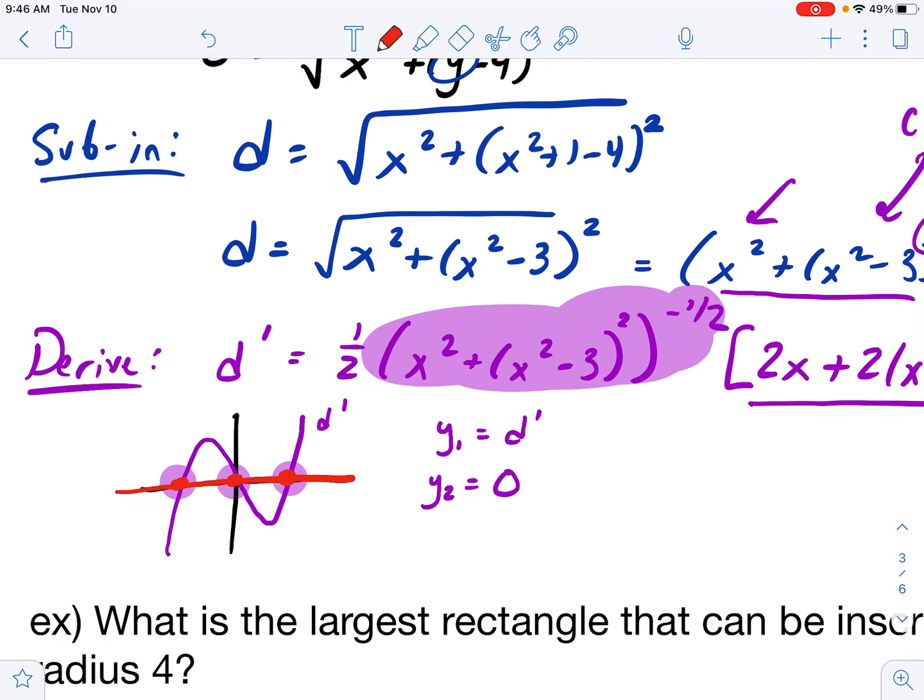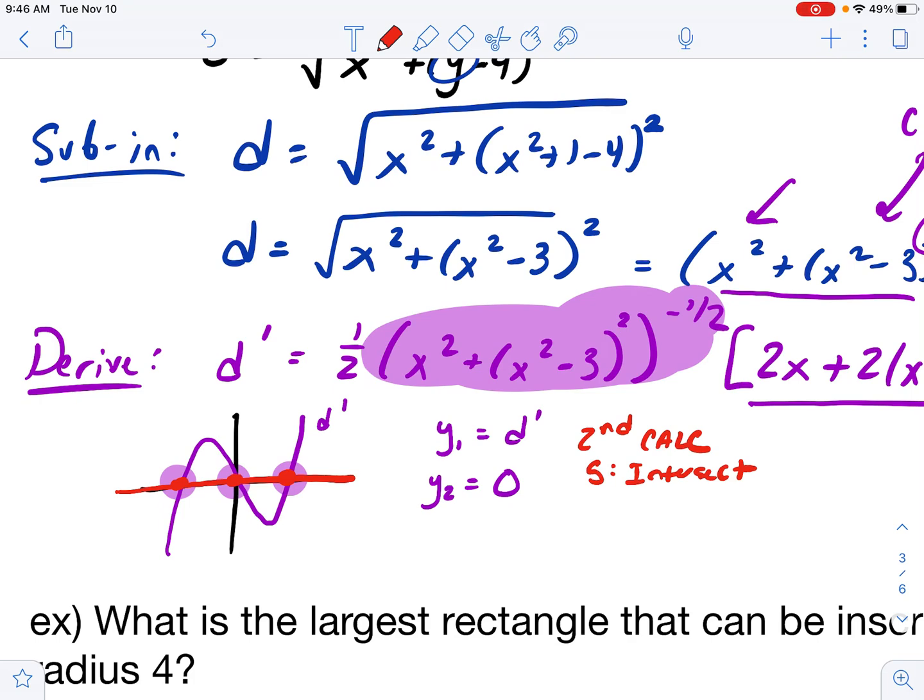To do that, make sure your calculator is on, and you're going to go to second calc at the top of your screen, and pick number 5, intersect. Okay, and it's going to ask you first curve, second curve, and then enter.